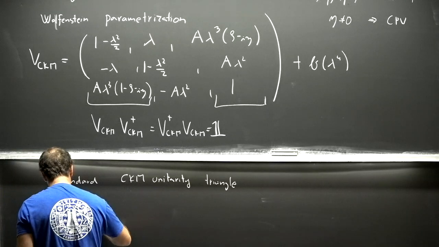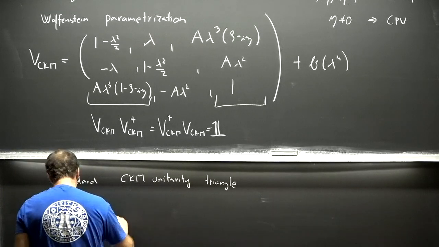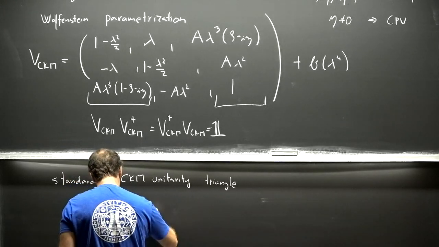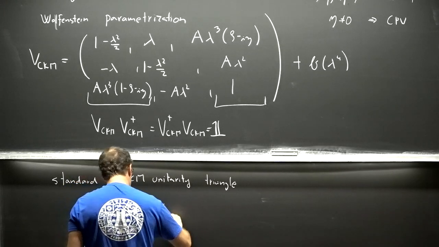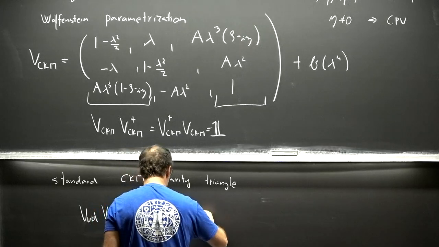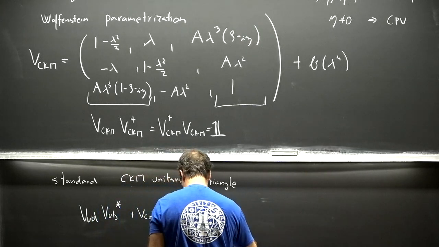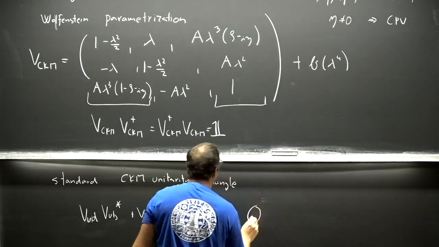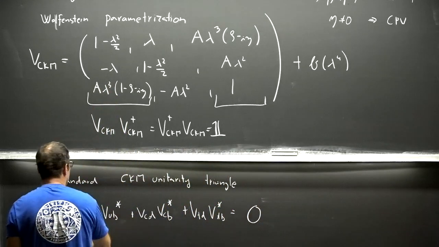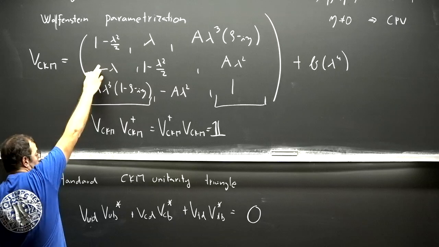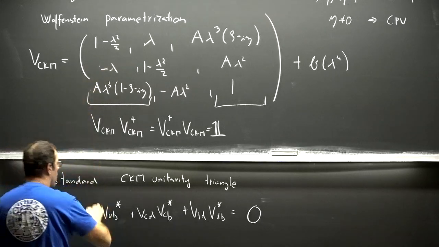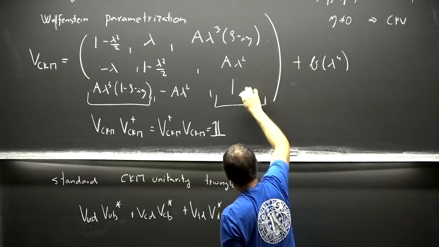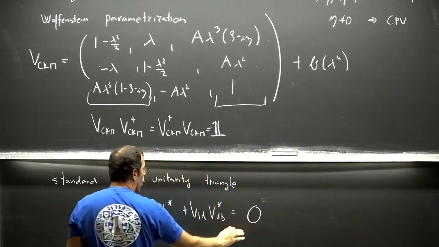Let me write this in terms of the matrix elements. Remember, V dagger V is 0. So the first column has VUD, VCD, VTD times complex conjugated VUB, VCB, VTB, which gives me 0.